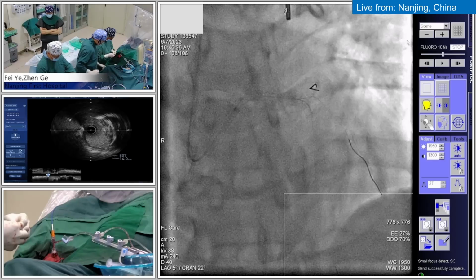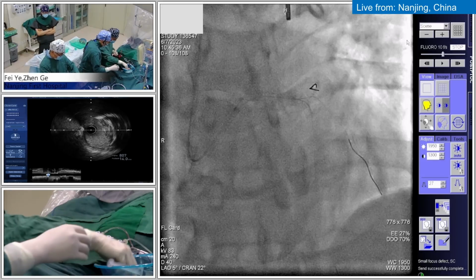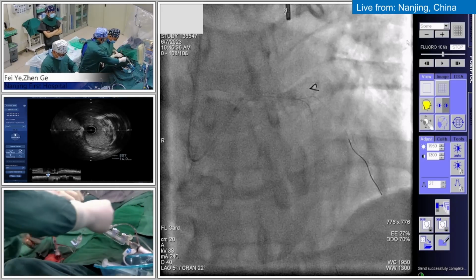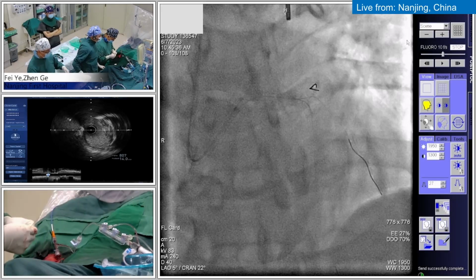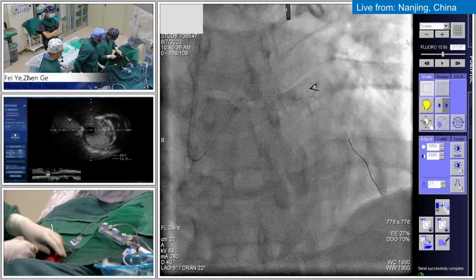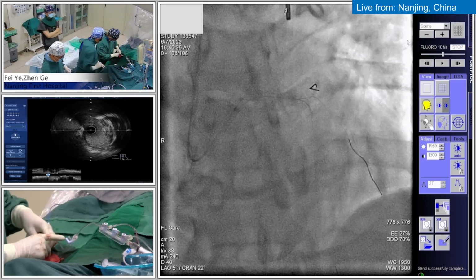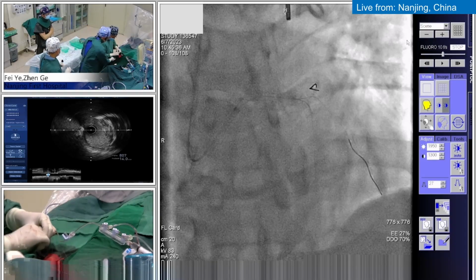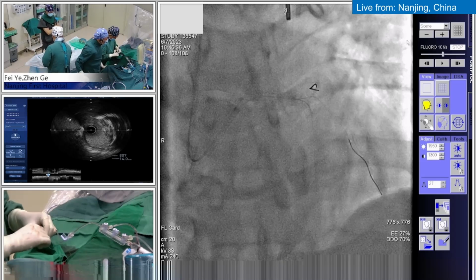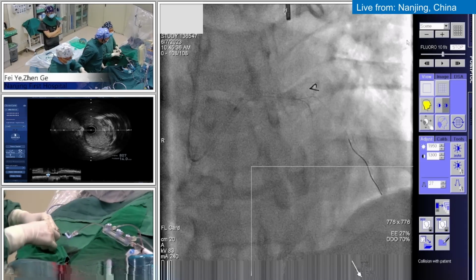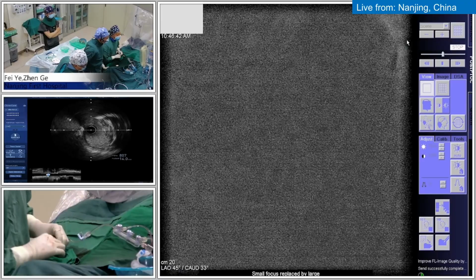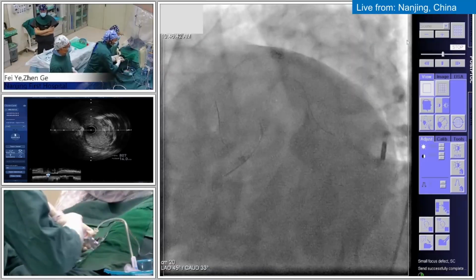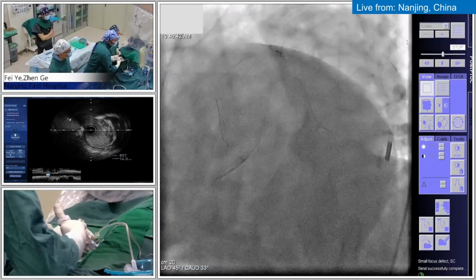How to make sure the wire was going in the stent, not under the stent strut? Sometimes it depends on experience. If the wire can advance smoothly, probably it is in the inner stent. If there is some resistance, probably it is behind the stent. Finally we can check with IVUS, and we will find it very precisely.